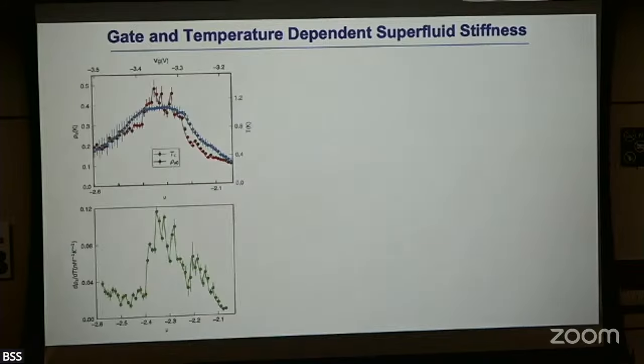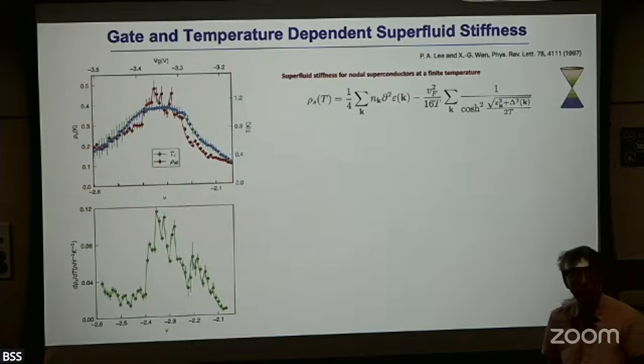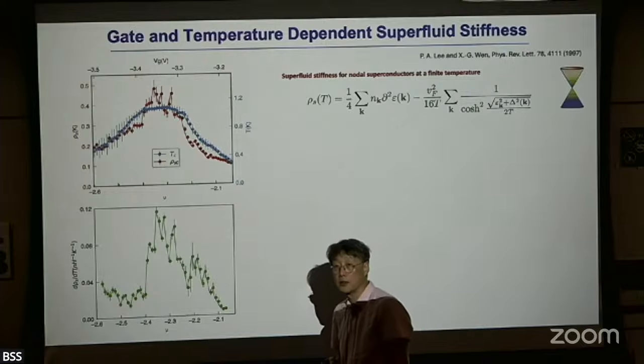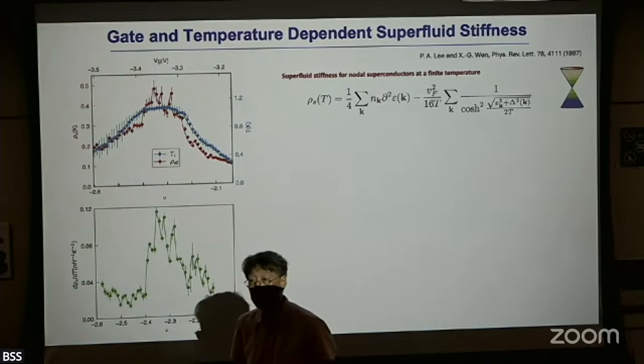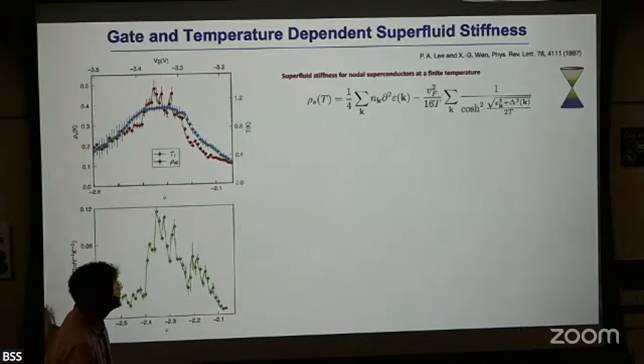What I argued is basically using the theory developed for cuprates, where for the nodal superconductor there is already a way to compute how the superfluid stiffness changes. This is the zero temperature part, and this is the temperature-dependent part.